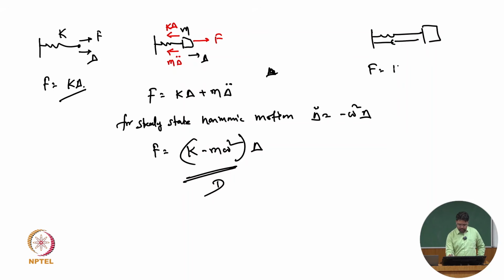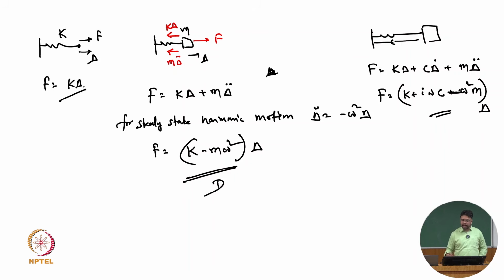Then it will be force equal to k delta plus c delta dot plus m delta double dot. So you will get F equal to k plus i omega c minus omega square m into delta. So you can see that now damping, mass, all those things are coming into picture in the dynamic stiffness matrix.